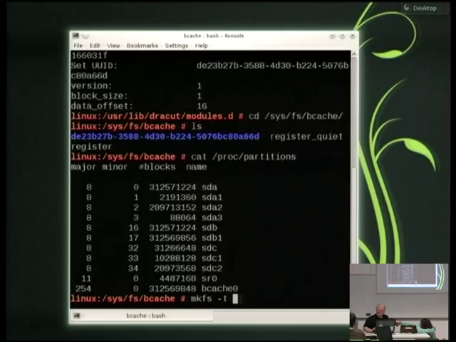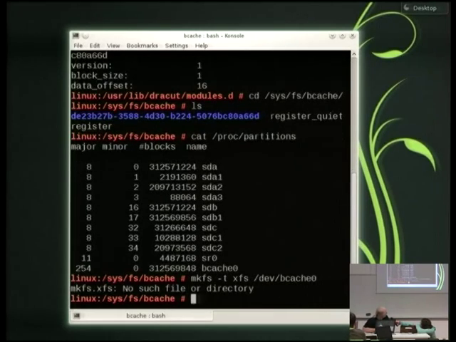Let's get really experimental. Okay, you get your wish.